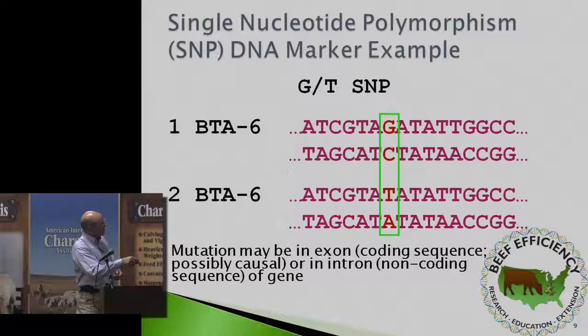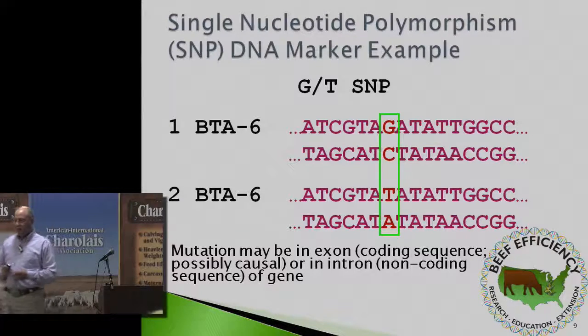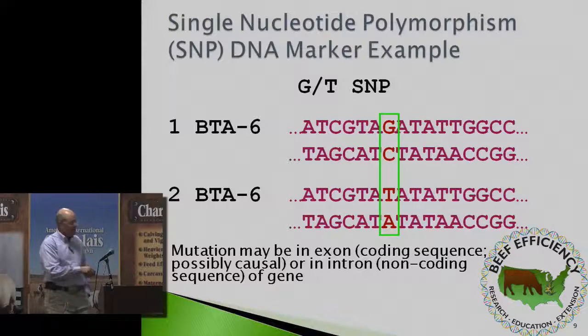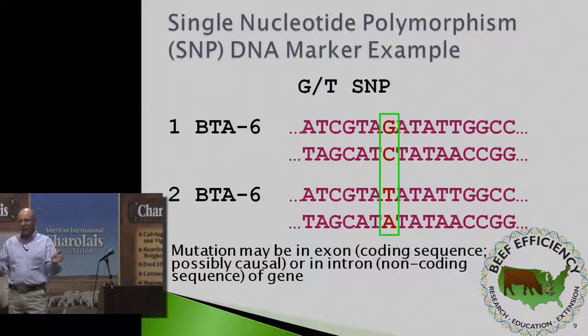This is a G to T substitution. So it's GC on this strand, and the subsequent TA, we used to only score the top strand. It's a TA in the second one, that'd be a GT. And what we know is that in many cases, the mutations that we score here were discovered and exist largely in the introns between genes, so the non-coding sequence. Okay?